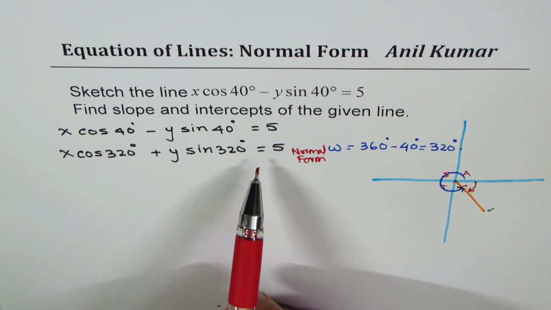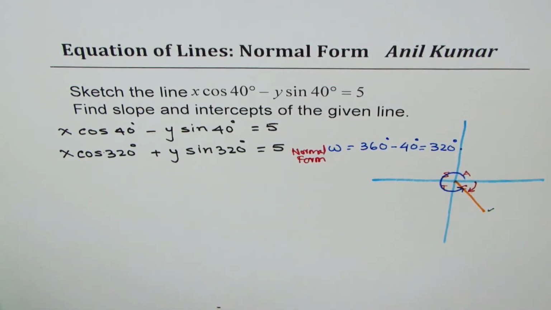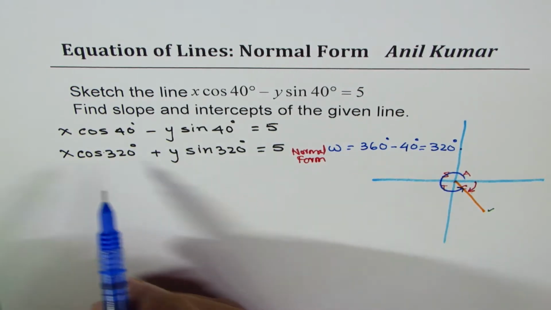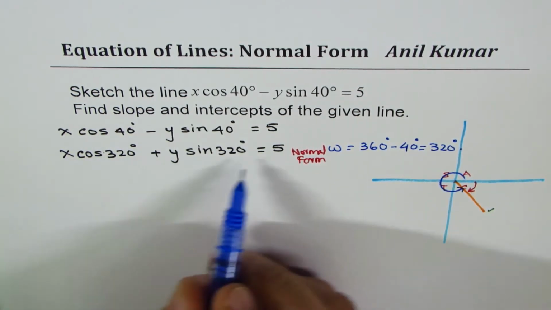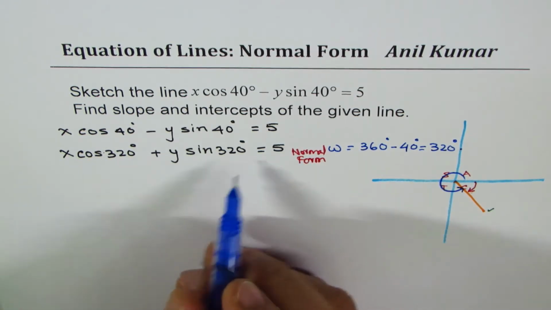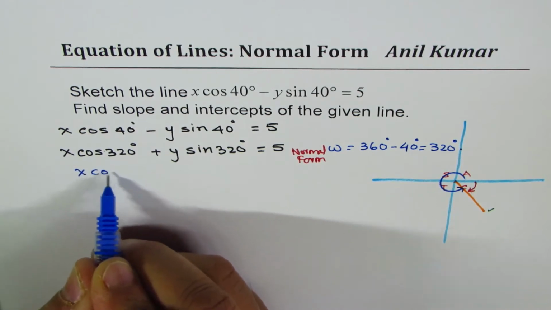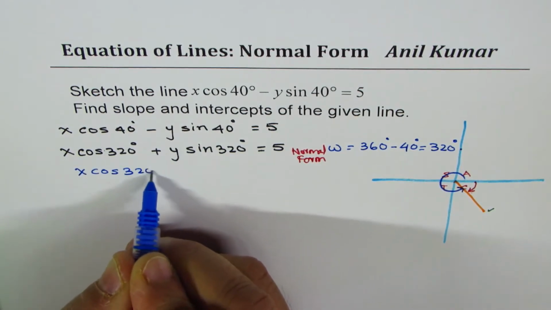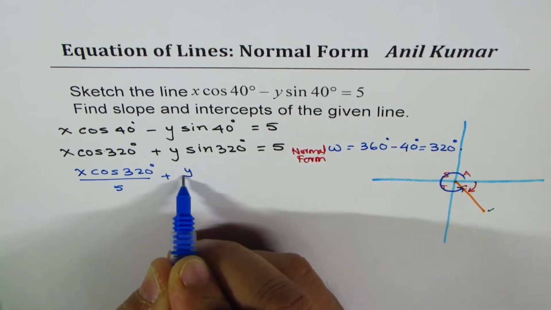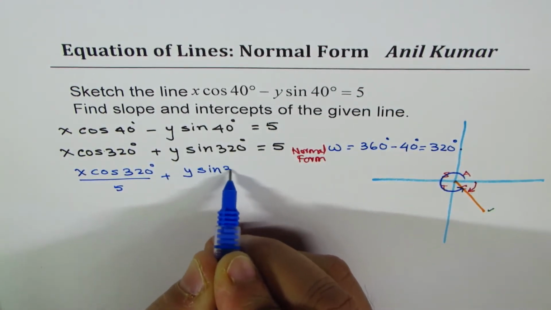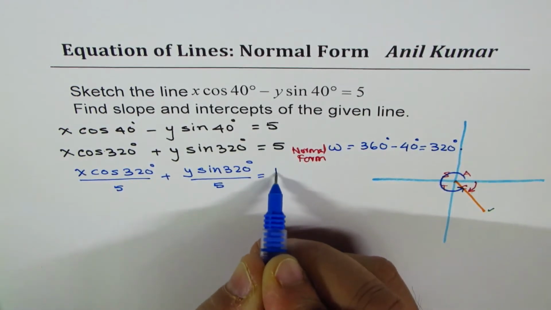Now, let's try to find the x and y intercepts. We could rewrite this equation by dividing all the terms by 5. We get x cos 320 degrees divided by 5 plus y sin 320 degrees divided by 5 equals 1.